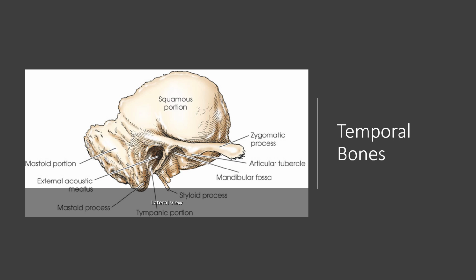Yes, the mastoid process I would consider part of the petrous portion, but the squamous portion is typically the lateral aspect of the skull, versus the petrous portion. Typically you're talking about penetration into the skull and surrounding the middle and inner ear.